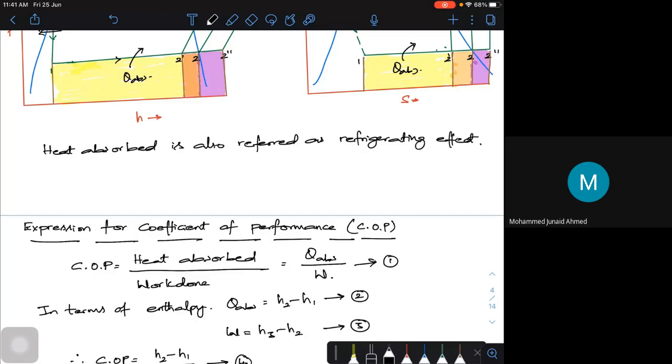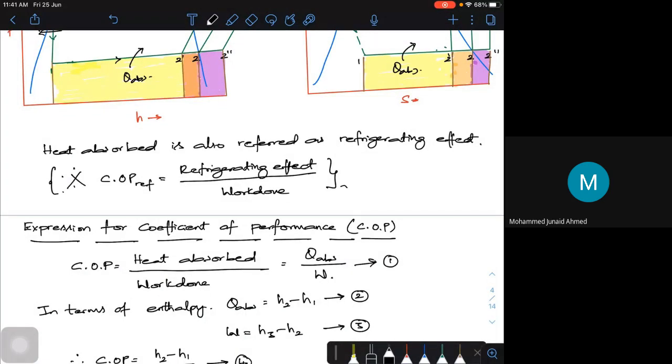Some textbooks, instead of heat removed, call this the refrigerating effect. So COP of a refrigerator is equal to refrigerating effect divided by work done. The definitions are the same; it may only vary from textbook to textbook.